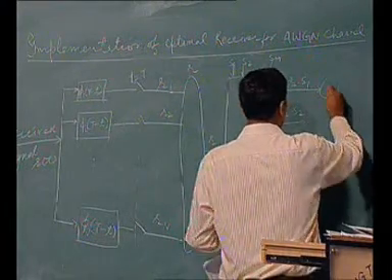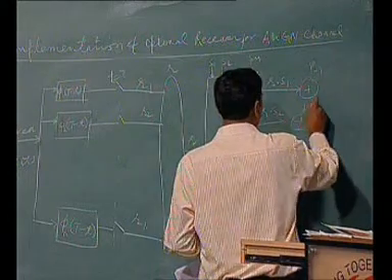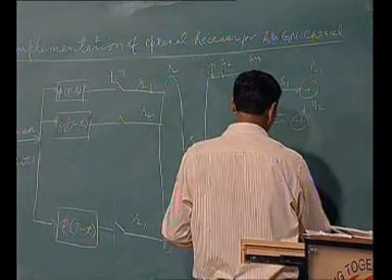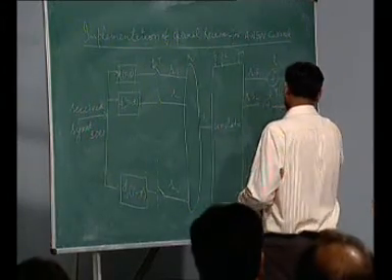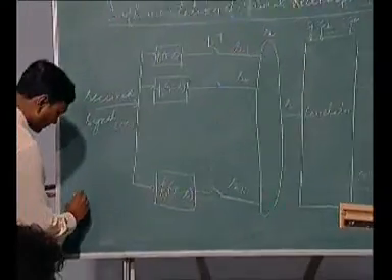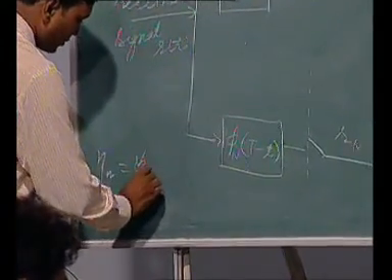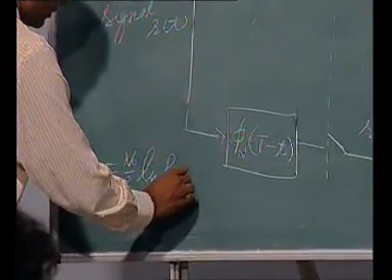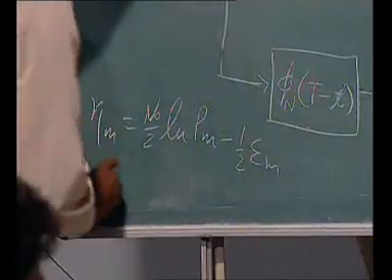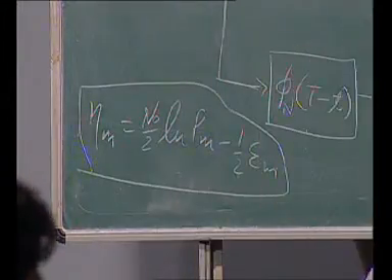Thereafter, this dilation vector, which is similar to the earlier case, eta m. This value of dilation that we wrote earlier was N0 by 2 log natural Pm minus half of its norm. So this dilation factor is same.